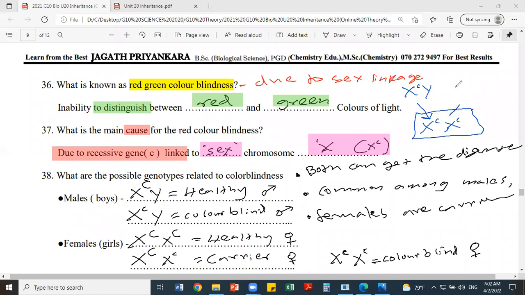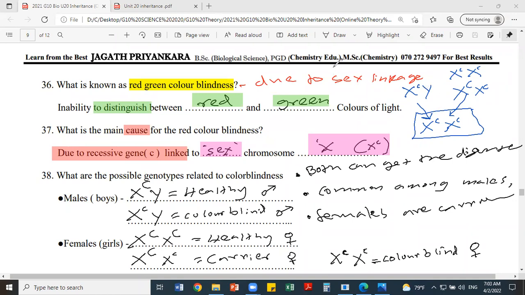What are the possibilities for the mother? Either the mother is colorblind, or the mother must be a carrier. These are the two possibilities: a carrier mother or a colorblind mother. Mostly this kind of marriage is rare: a colorblind male married to a carrier female. If the father is colorblind and the mother is colorblind, all the children are colorblind, no doubt about that.